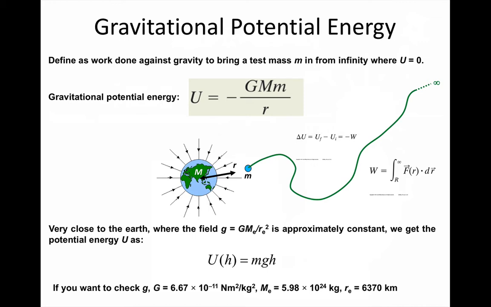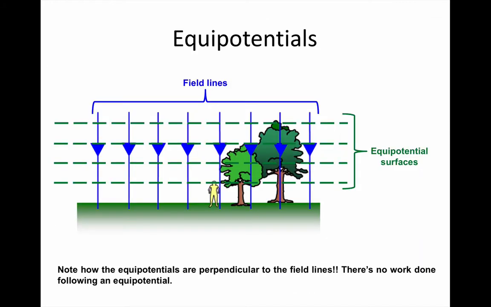So if we just want to compare places in space, we need to get a quantity that is independent of the mass. So if we were to divide by the mass, we would get something we call the gravitational potential, that just depends on the strength of the field, that's g, and what is your height that you've risen in the field.